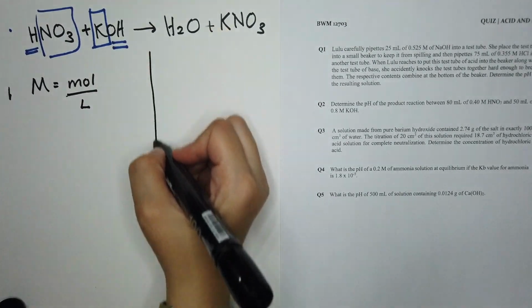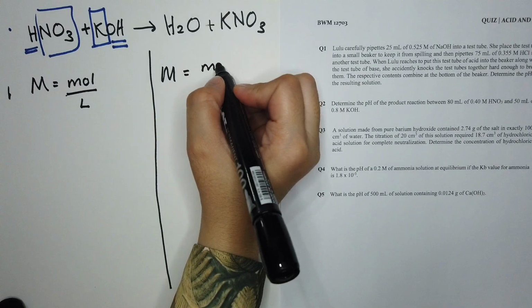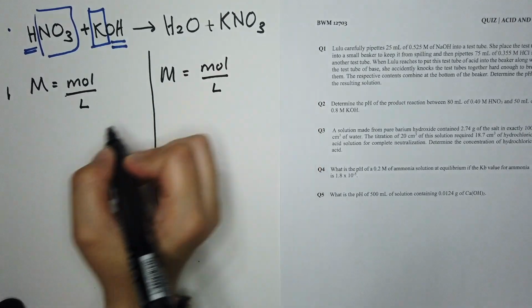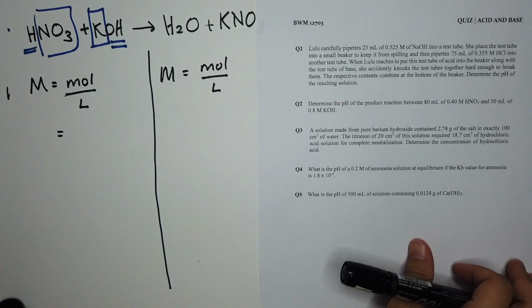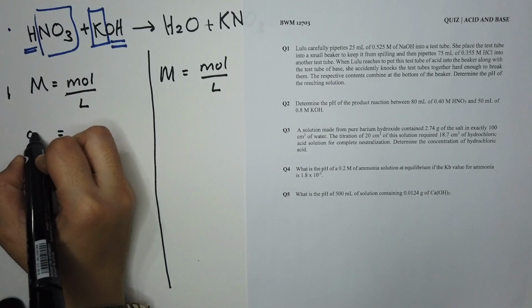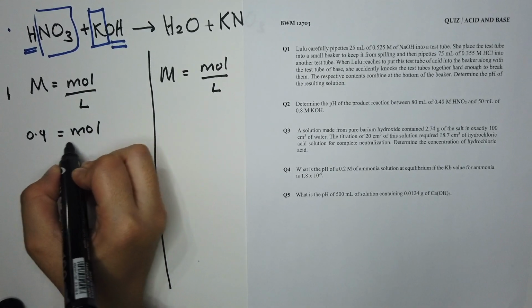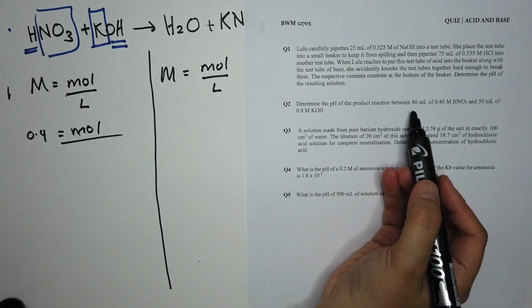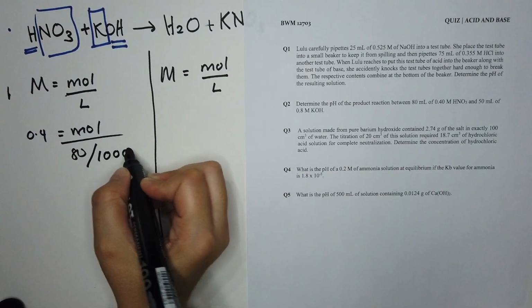So the first one is HNO3. You have a molarity of 0.4. The number of moles is what you want to find. And the volume is 80 ml, so 80 divided by 1000.